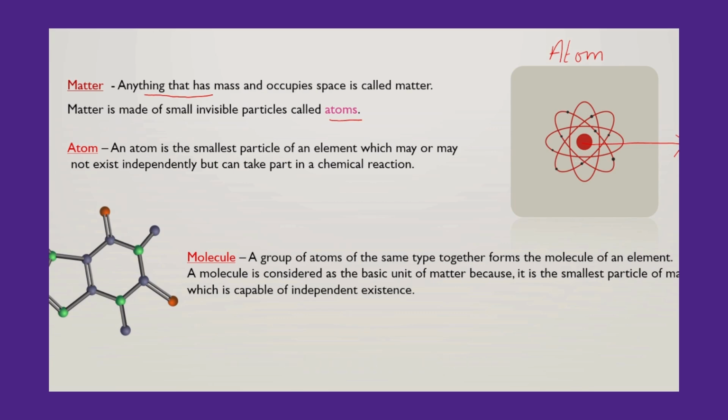Inside nucleus we have positively charged protons and chargeless or neutral neutrons. These two things constitute the nucleus. And around the nucleus you can see certain paths here. These elliptical paths are known as the orbitals.